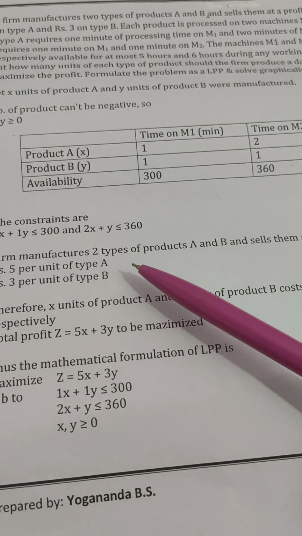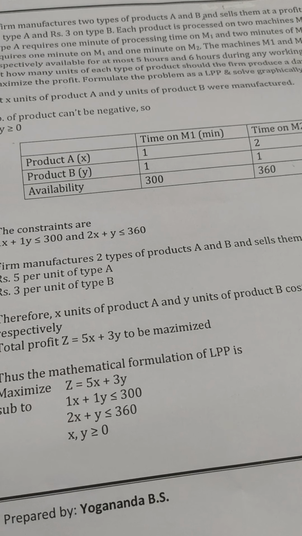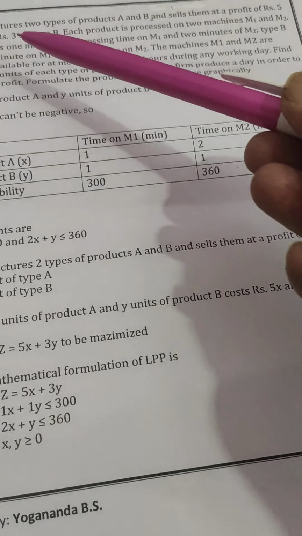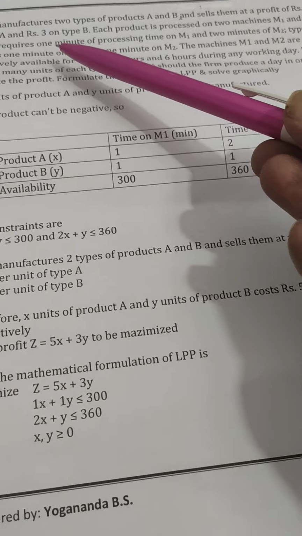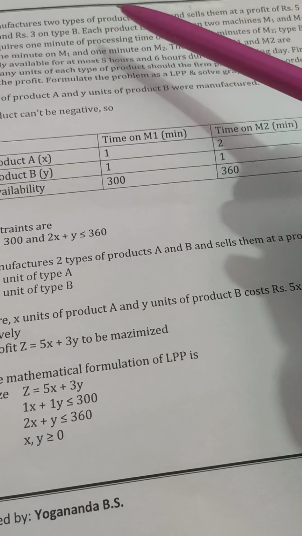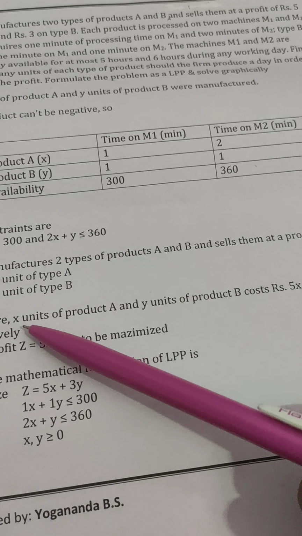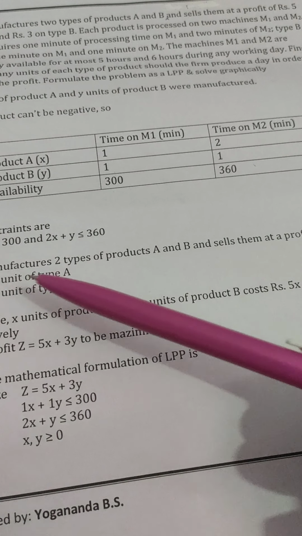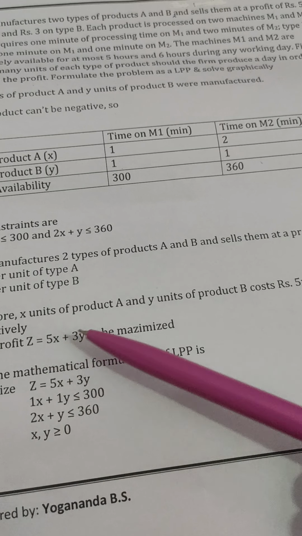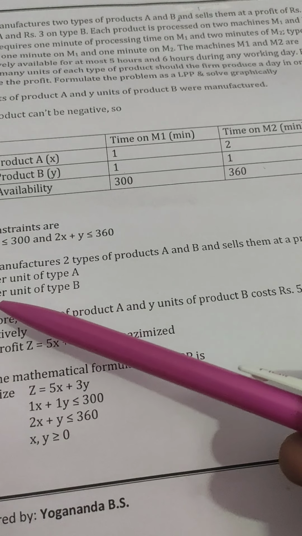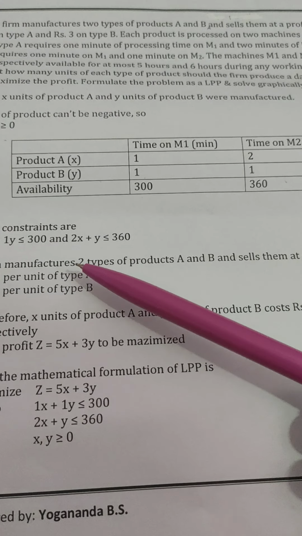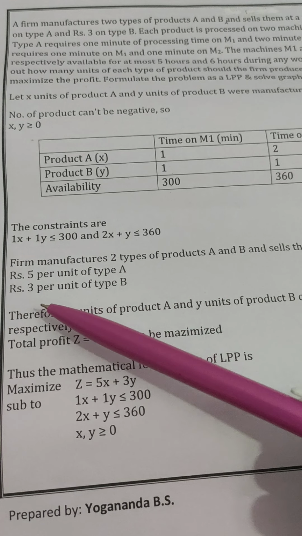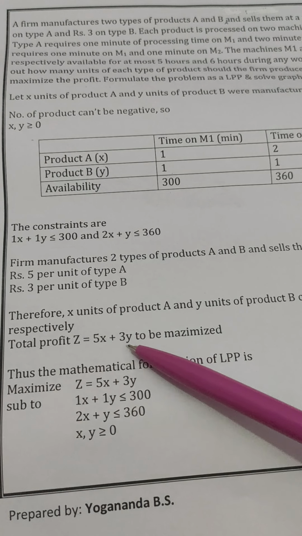Now the firm manufactures two types of products A and B. It is given that the profit is 5 rupees for 1 unit of type A and 3 rupees on 1 unit of type B. So if I produce x units of product A, I get a profit of 5x from product A. Similarly, 1 unit of B gives a profit of 3 rupees, so by selling y units of product B, I get a profit of 3y.